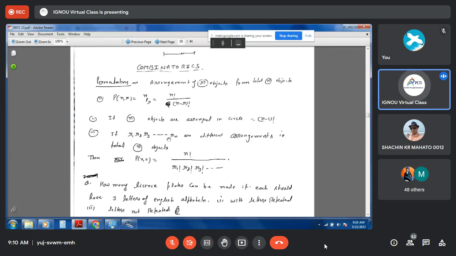These are the introductory formulas for the permutations. We discussed permutations and combinations. Permutation means arrangement and combination means selections.